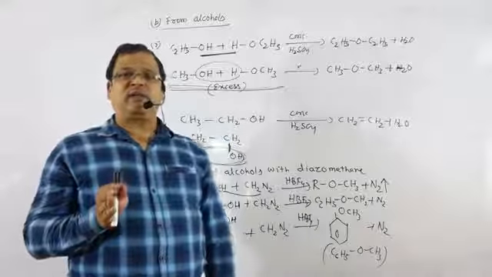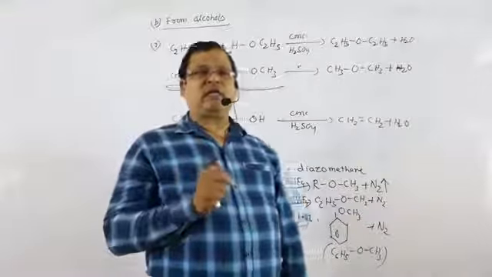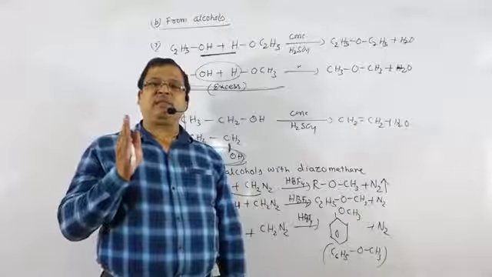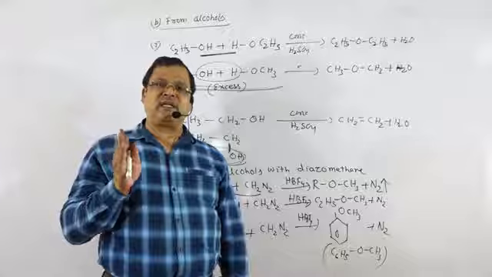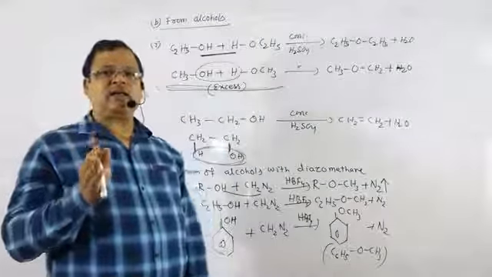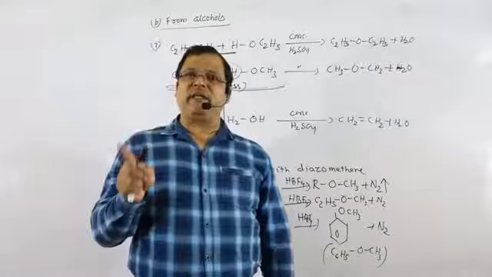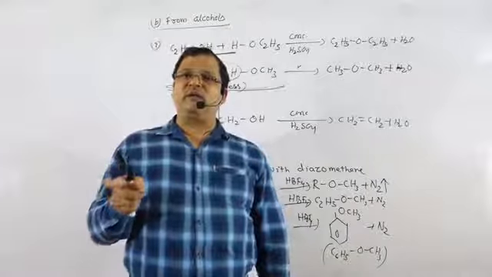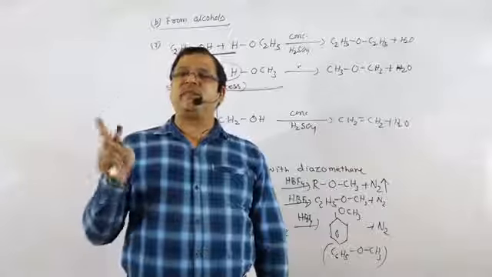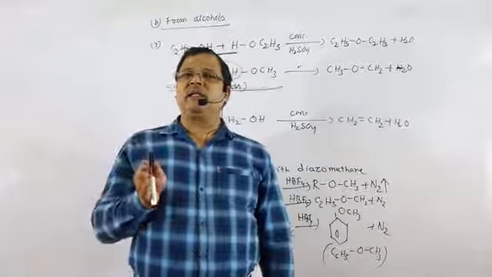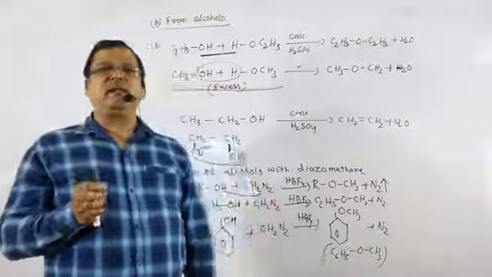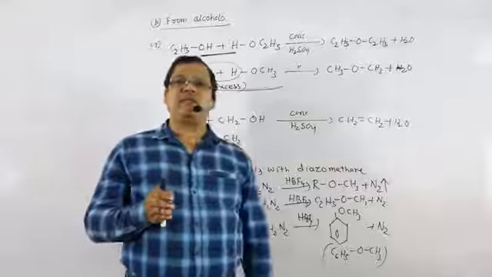And from alcohols we can also prepare ether: when excess alcohol is treated with concentrated sulfuric acid, there is the formation of ether. Similarly, when alcohols are treated with diazomethane CH2N2, the CH2 group enters, and there is the formation of ether. These are all the different methods for the preparation of ether. In the coming class we will explain the different properties of ethers.